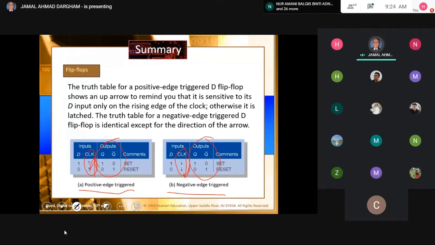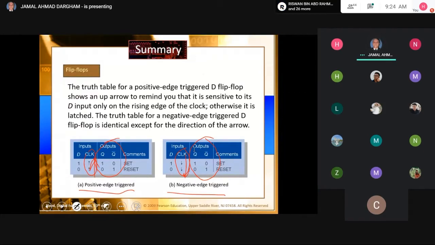So basically, there's no difference between latch and flip-flop except when the state changes. In a latch, the state changes when the enable is active. For a flip-flop, no. Changes occur at the edge of the clock.